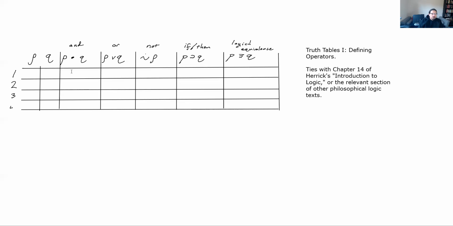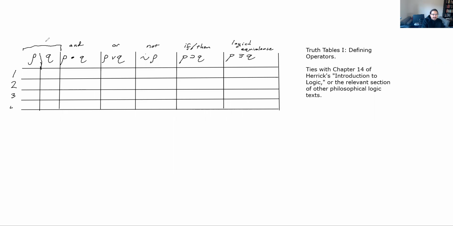Okay, so here we have in these columns, this is column 1 here. In these columns, we're going to be simply looking at statements on their own. So we're looking at P, we're looking at Q here. And this is going to be kind of like our starting bracket, kind of like our key.